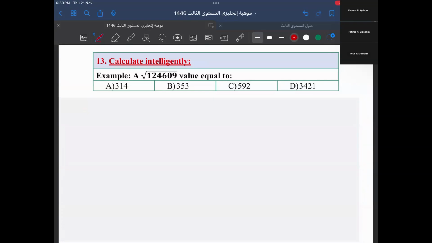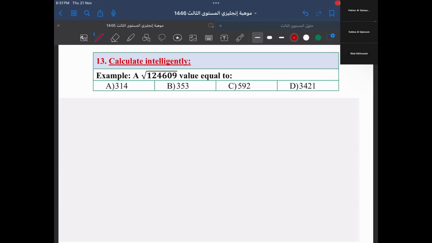Okay. Yeah, let's see question 13. Calculate intelligently. So here we have a square root. So they want the value of the square root of this number. As we said, huge numbers are just a headache, and we want to simplify them.